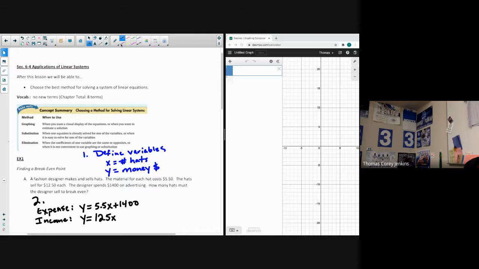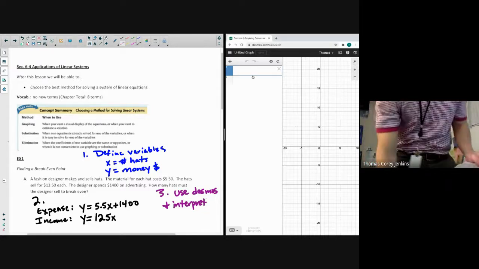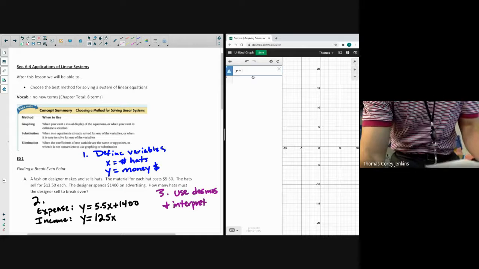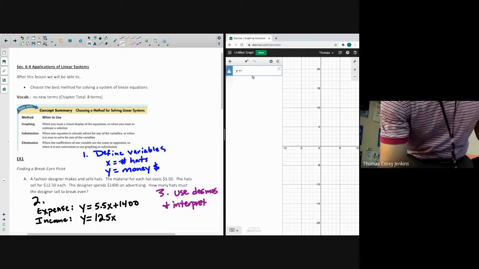So step 3 is just use Desmos and interpret. I'm going to go ahead and type in my equations.